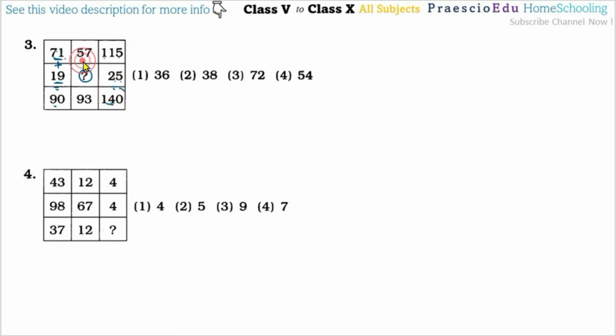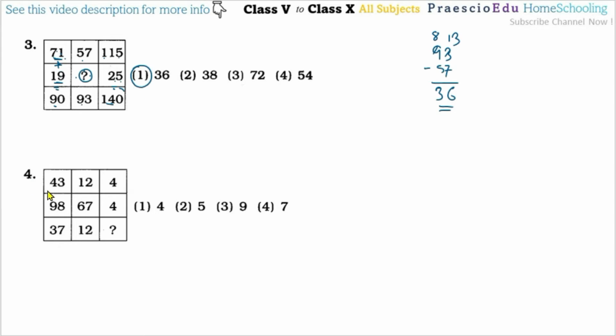So 57 plus this number is equal to 93. So for this one, we do 93 minus 57. After this, this is 13 and this is 8. So 13 minus 7, this is 6, and this one is 3, meaning 36. So for the question mark, 36 should be placed, and 36 is given in option number 1.